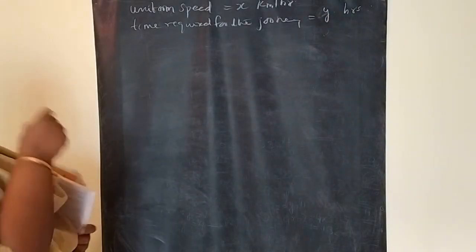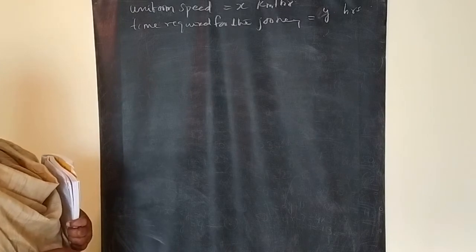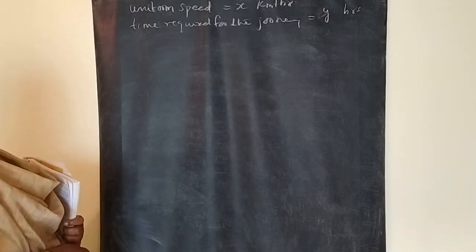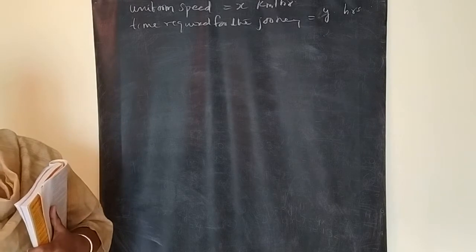Okay, so these are the two variables x and y. X means uniform speed and y means time required.